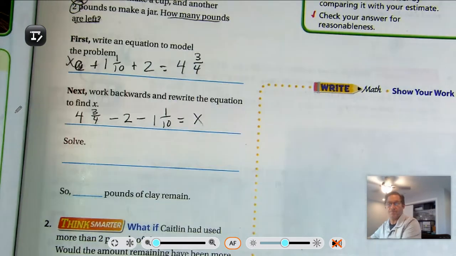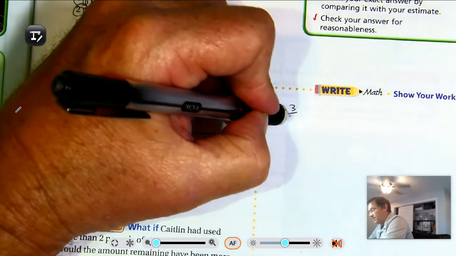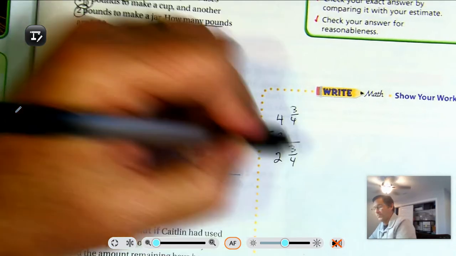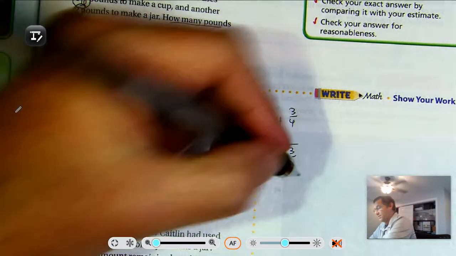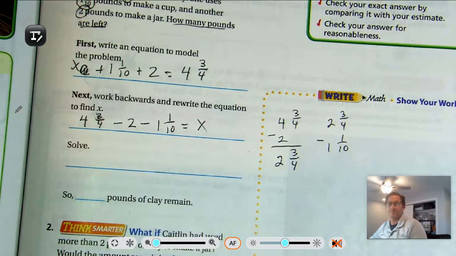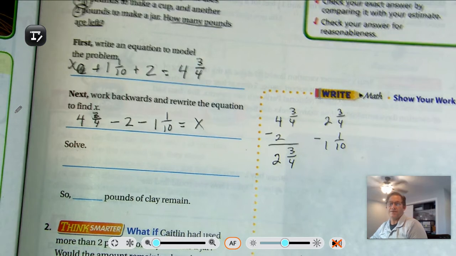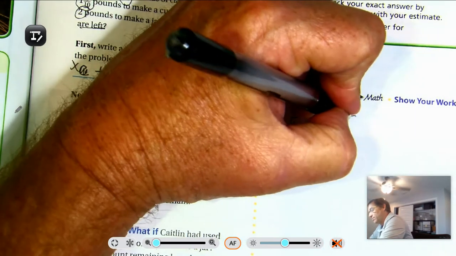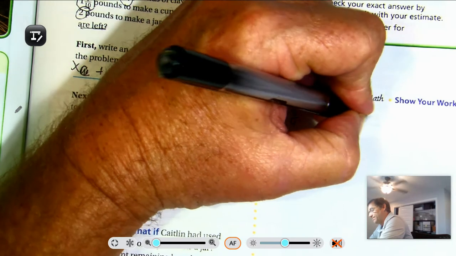Okay, and let's solve that. 4 3/4 minus 2. Okay, that's easy. That's 2 3/4. 2 3/4 minus 1 1/10. Well, I know 10 can go 10, 20, 30, 40, right? And 4, 8, 12, 16, 20. So we can turn these into 20ths.